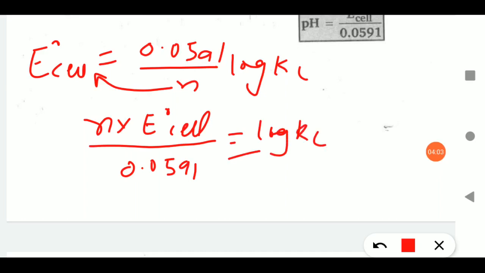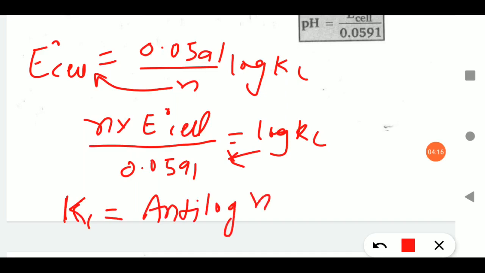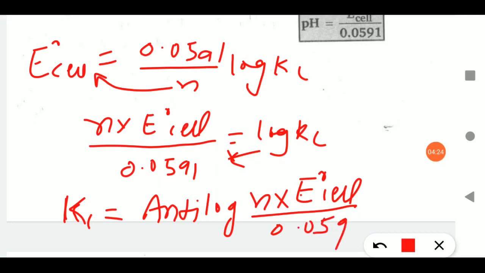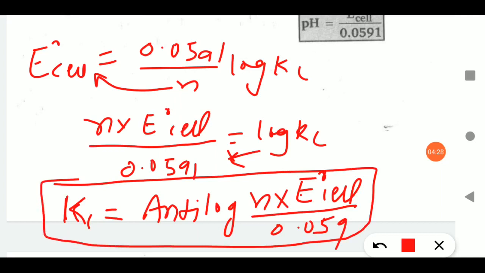Bring the log here, and what will be the value of Kc? 1 upon log will be in the denominator, and 1 upon log is known as antilog. So Kc is the antilog of n E naught cell upon 0.0591. Using this equation, you can calculate the equilibrium constant Kc for any reaction.